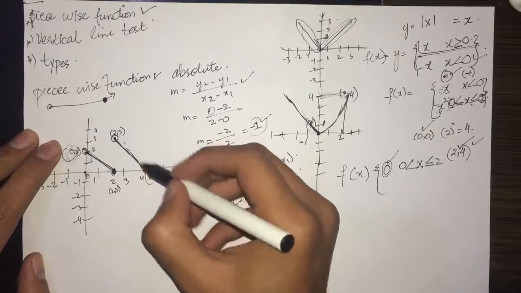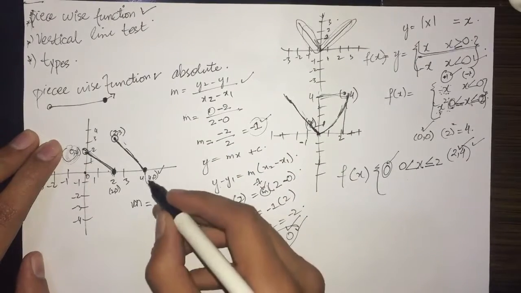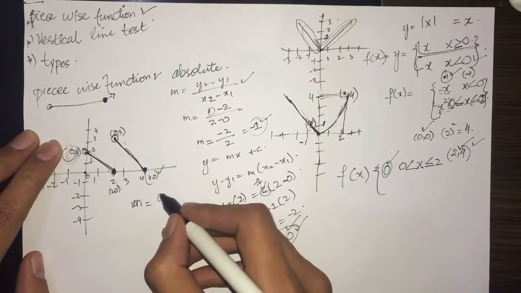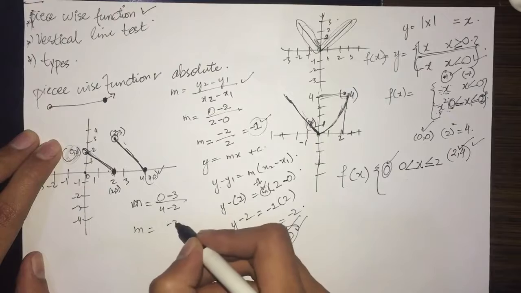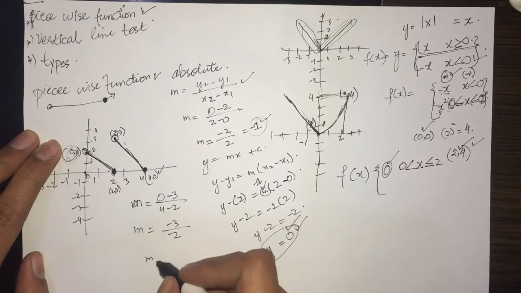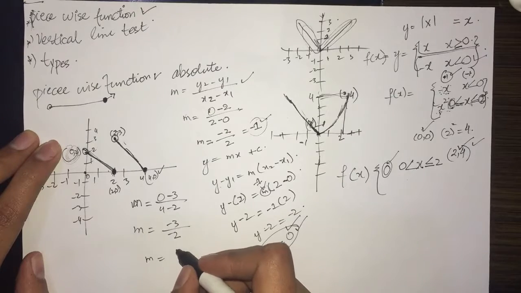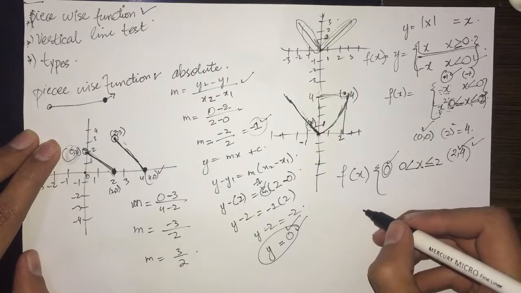Now let's find an equation for this. Let's first find the slope. So m equals 0 minus 3 divided by 4 minus 2 equals minus 3 divided by minus 2. That gives you m equals 3 by 2. Let's put it into point slope form.